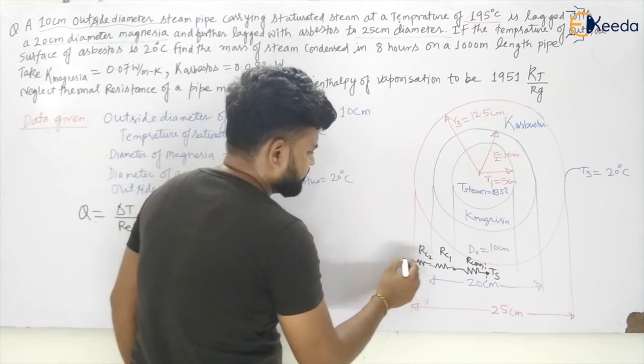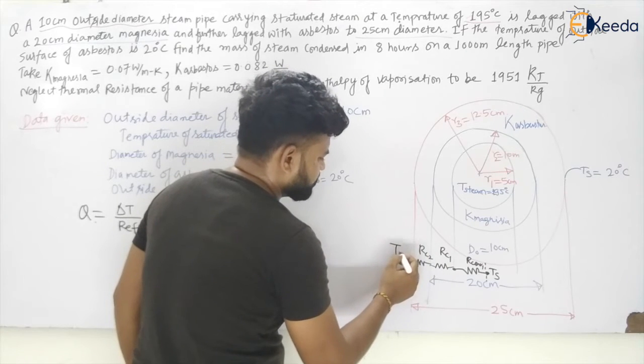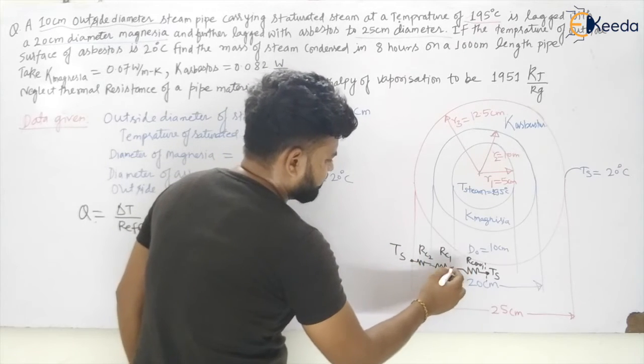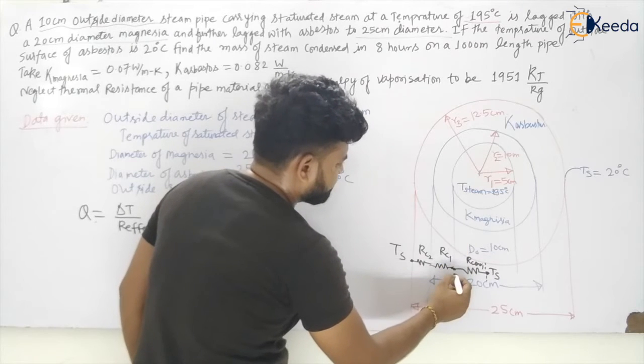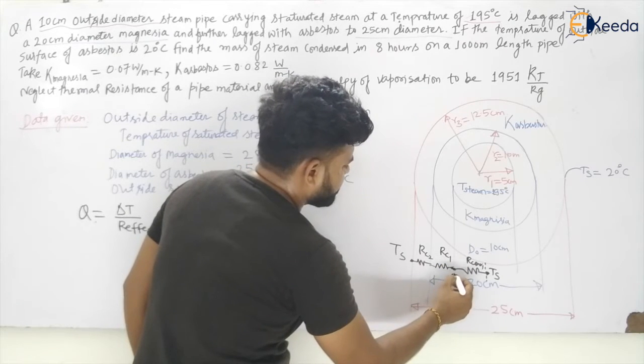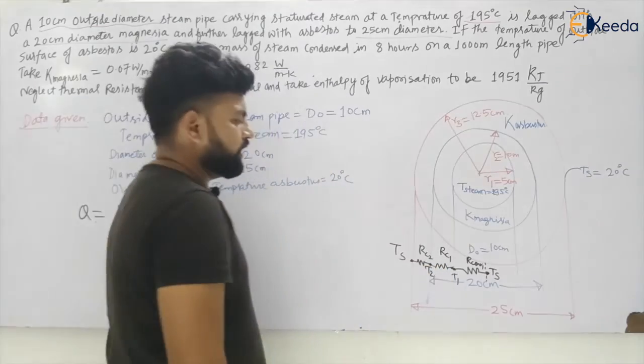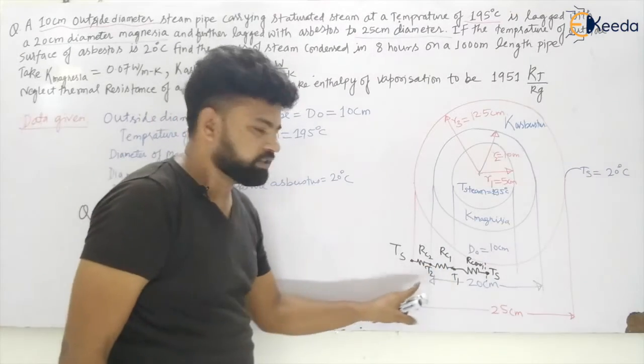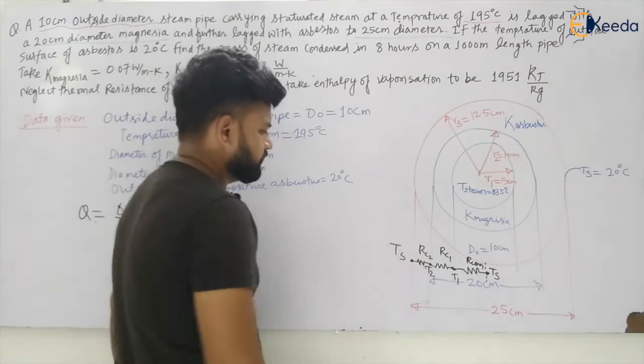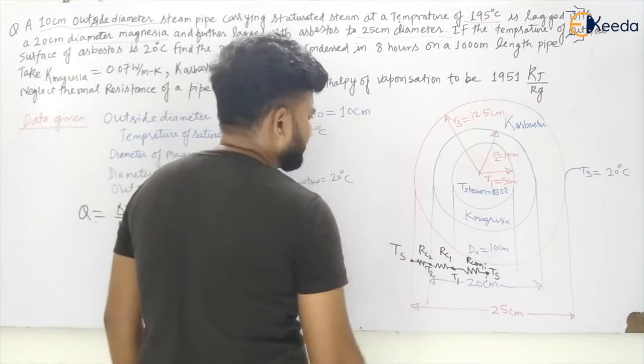The outside temperature is given as TS, and I don't know the temperature here, so let us take it T1. This is your R1, with temperature T1. This is your R2, with temperature T2. I think this is visible to you. This will be your circuit diagram for this.